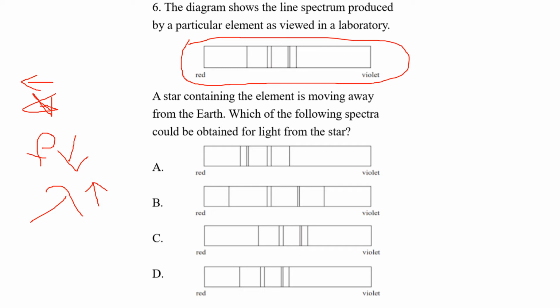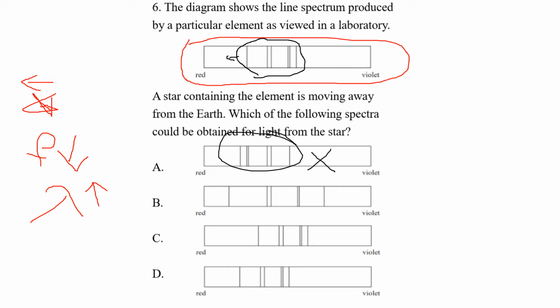So what's the meaning of shift? This part will move to the red end, but the intervals between two lines don't change. You can imagine that we move this whole pattern toward the left-hand side a little bit. We can compare these four diagrams. In letter A the intervals change, so it's wrong.